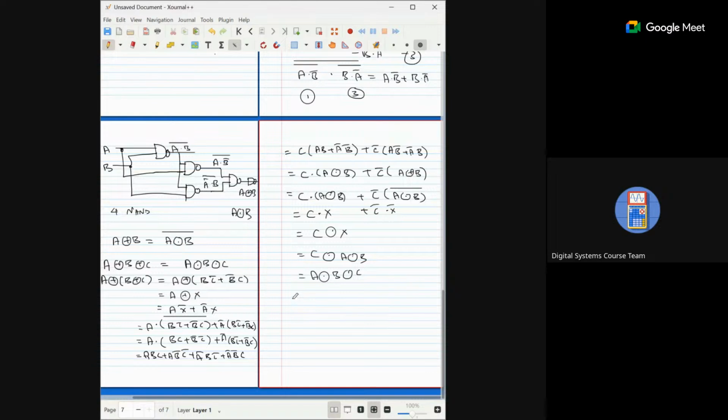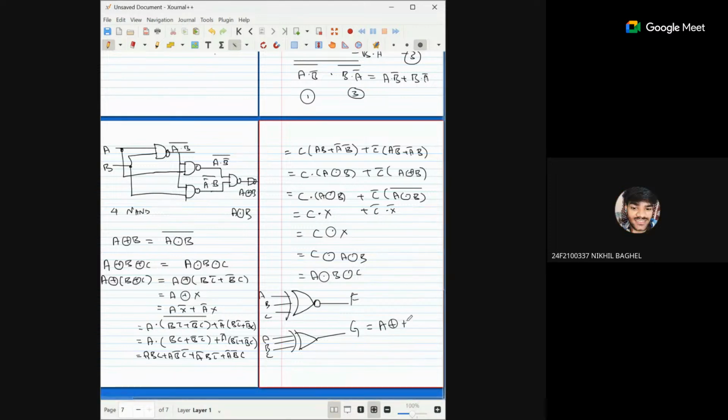Whereas if I give it in this form, A, B, C, what is it equal to? Okay, I'll ask this way. Let's say this is F, this is G. What is G equal to?